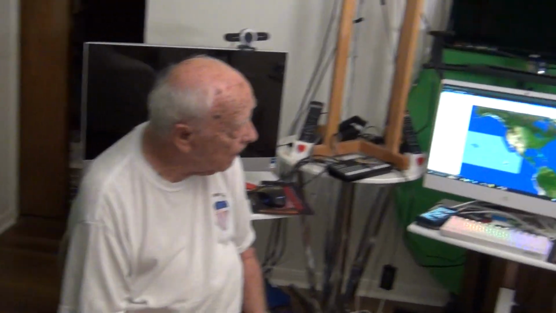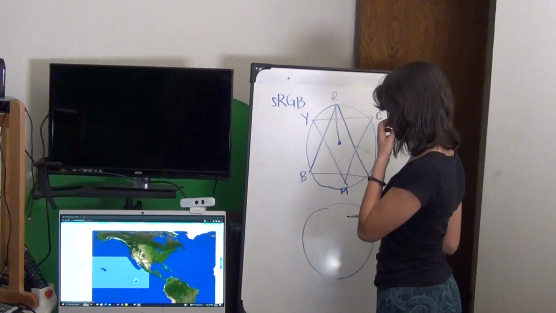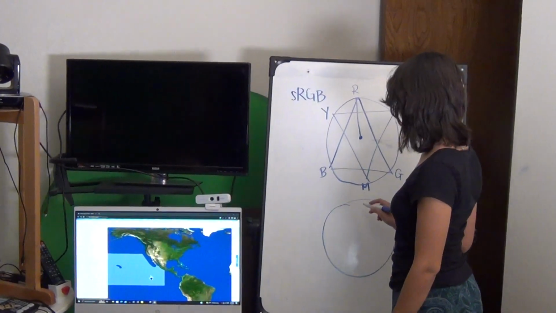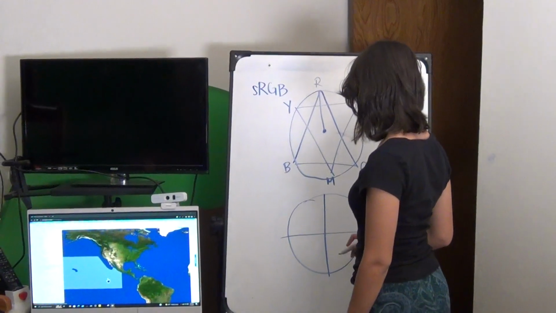So now, Elisa, draw another circle. Okay, now, put your middle blank. Your line through it, north, south, east, west. Okay.